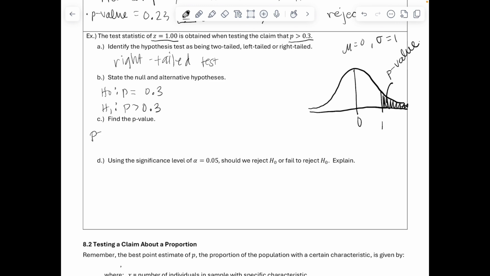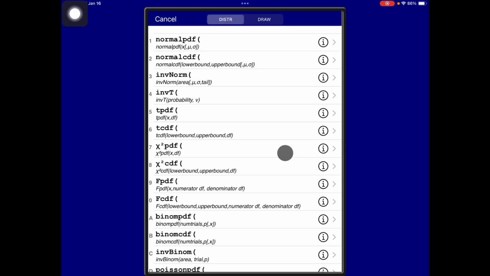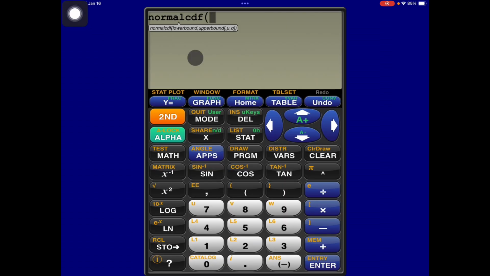And so in order to find the p-value with this type of problem, we need to use normalcdf on our calculator: our lower bound, which is starting at 1, our upper bound, which goes on forever, so that's 1E99, our mean, which is 0, standard deviation, which is 1. On your graphing calculator, you're going to go to 2nd, distributions, go to normalcdf.